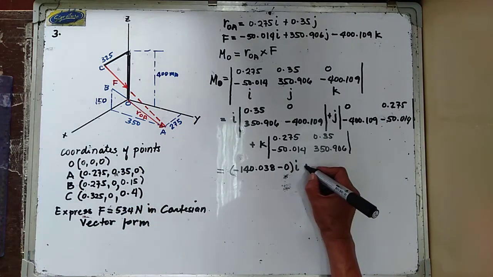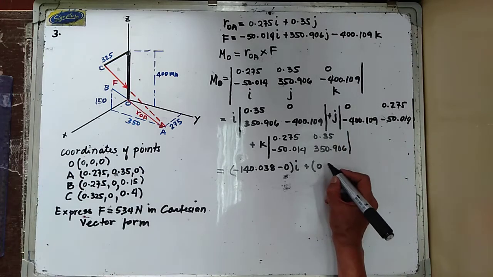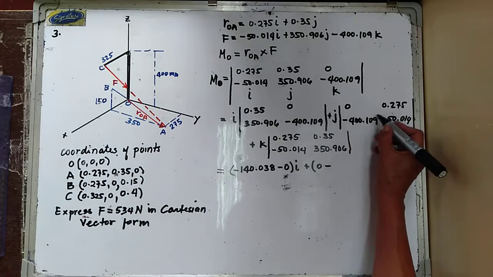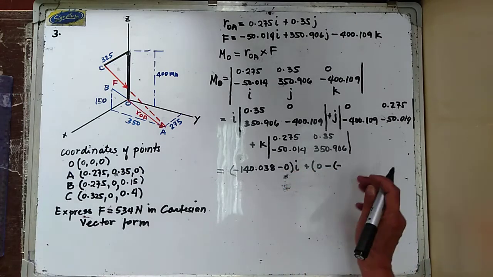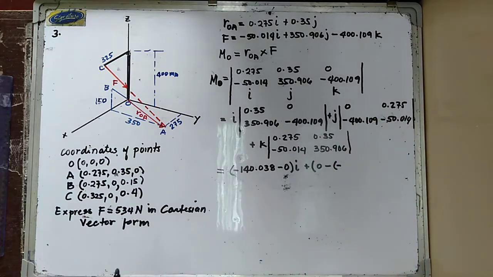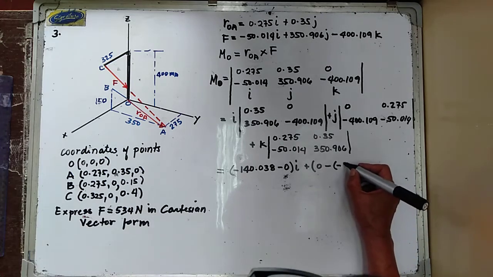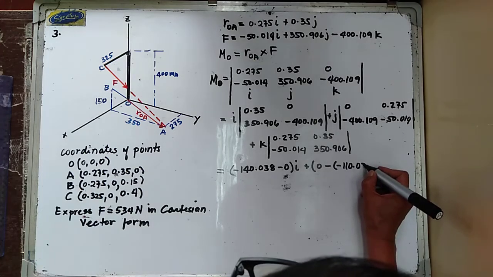And then plus, this one is 0, minus, minus 400.109 times 0.275, which is equal to 110.030.